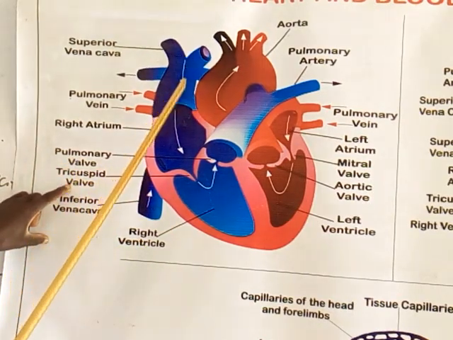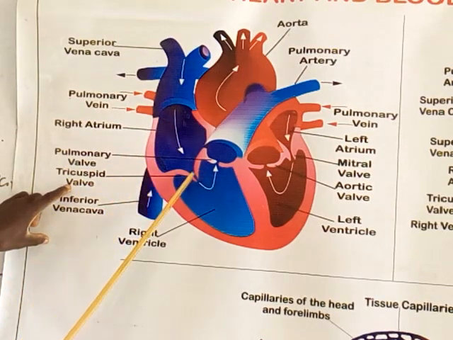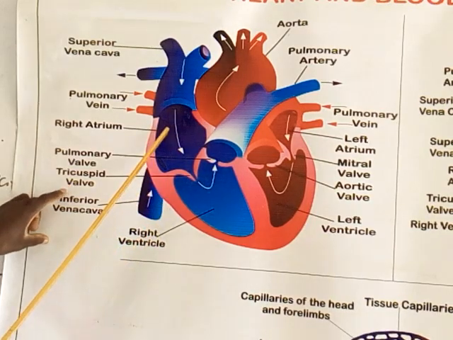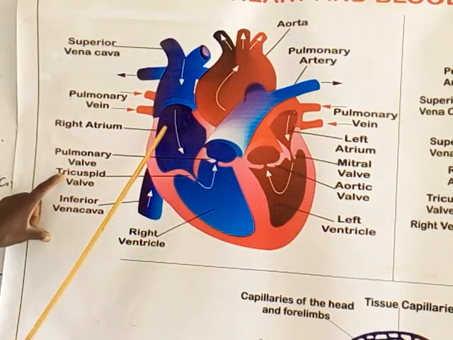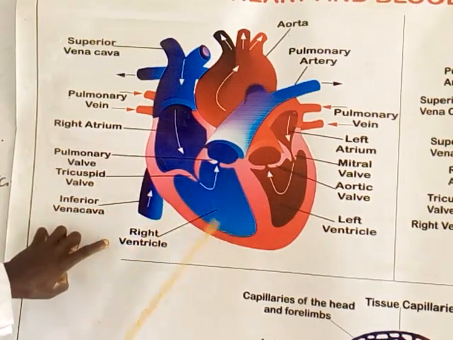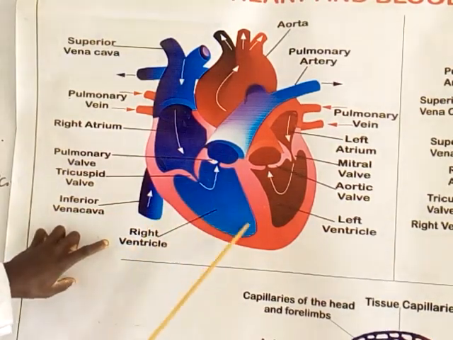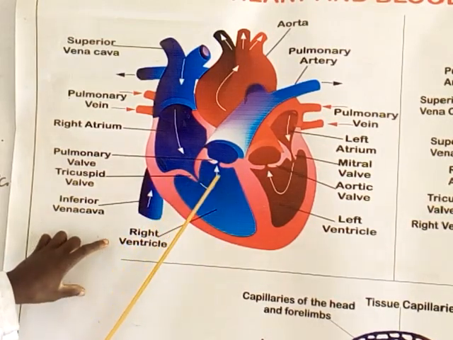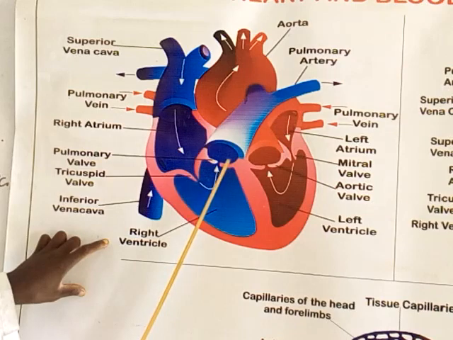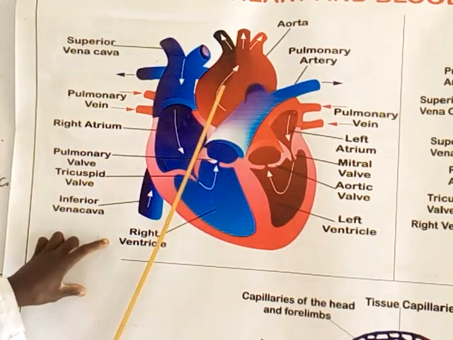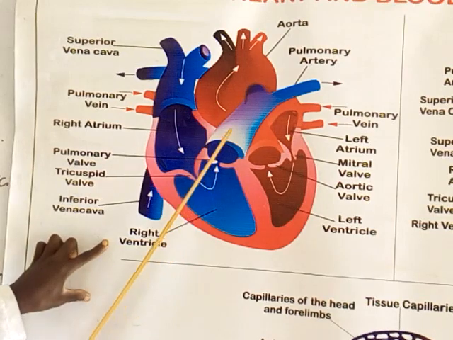This is the valve which allows the inflow of the deoxygenated blood. This is the right atrium. Now this is the right ventricle. As you can see, it is thin. Now the blood gets out of the heart through the pulmonary artery.